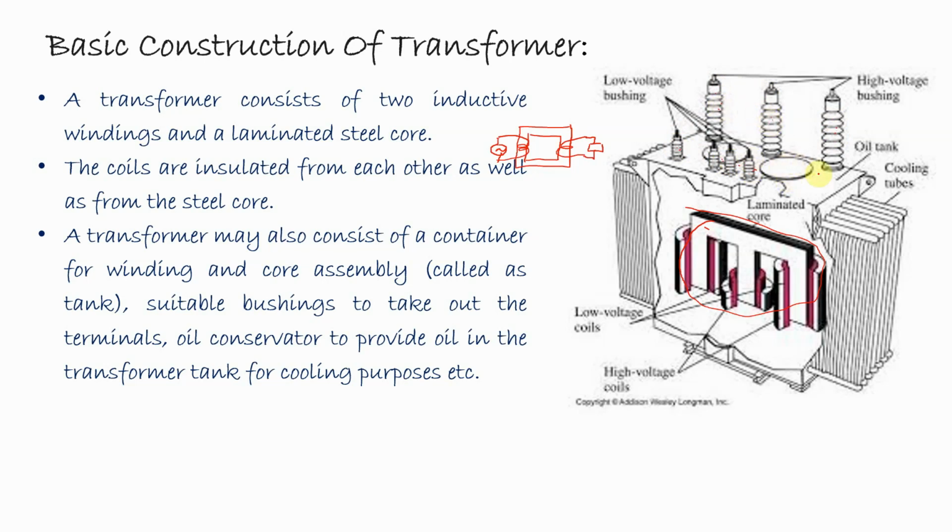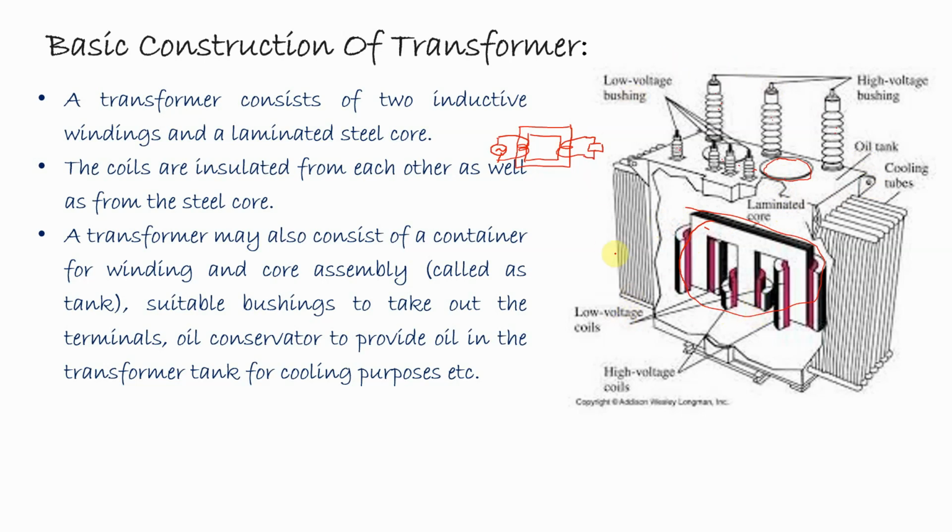There is also a conservator tank which is used to store the oil, because when the transformer generates heat, the oil within the tank will be heated and it will expand. So this expansion of the oil will be taken care of by the conservator tank. So this is the general structure of a transformer.